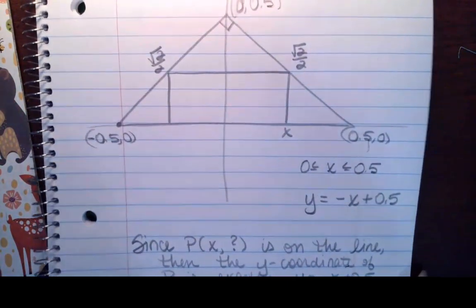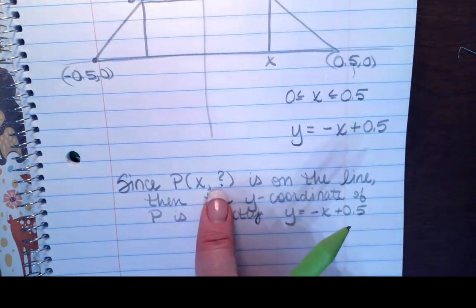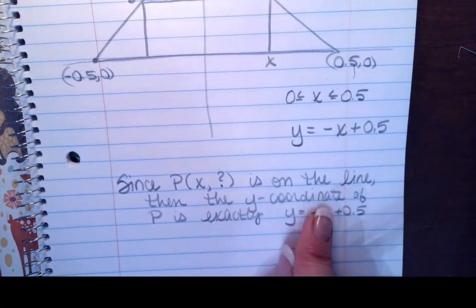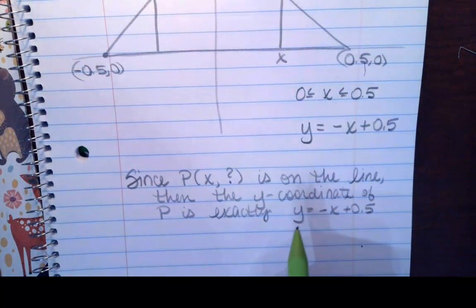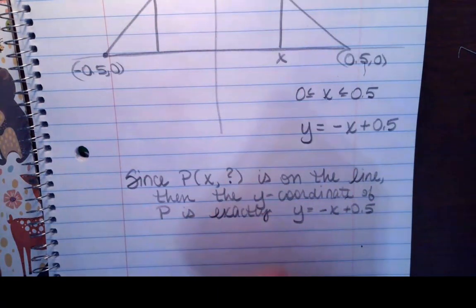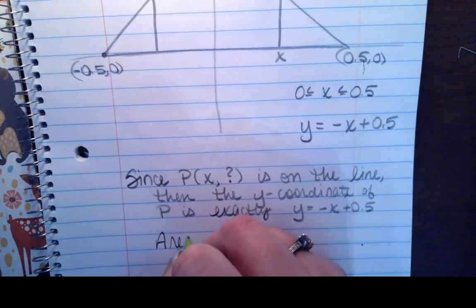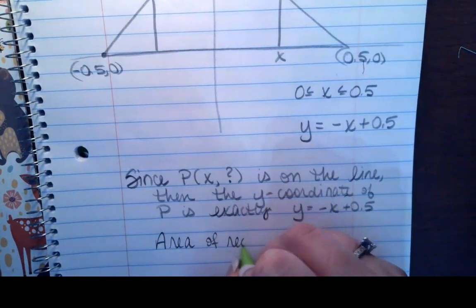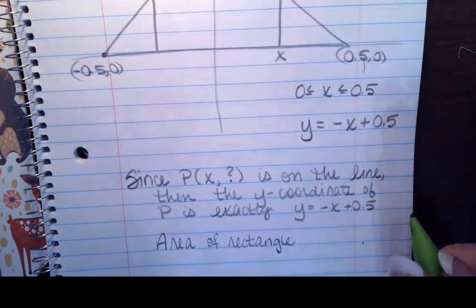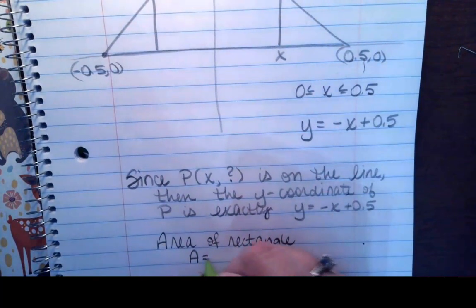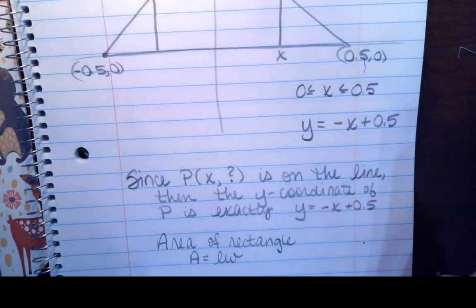So since P, where x comma some number, is on the line, so what we're looking for right here, okay, the y-coordinate of P is exactly y equals negative x plus 0.5. So as soon as we know what x is, we can fill in what y is. So the area of our rectangle is given to be, area is length times width.